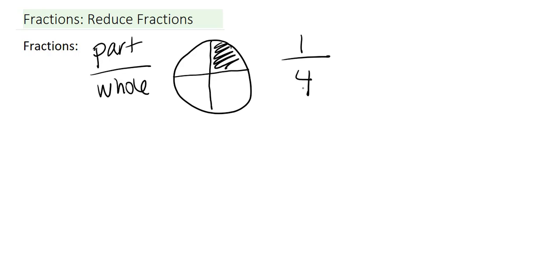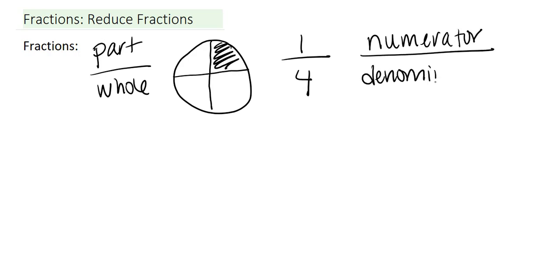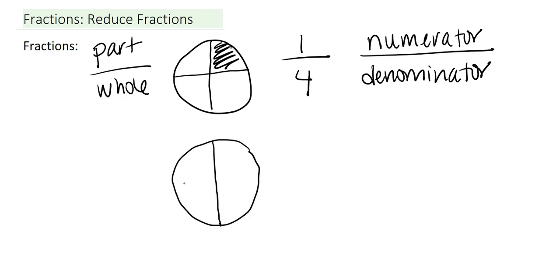Now, in math terms, we would use the top number, and we call that the numerator. And then the bottom number is the denominator. Sometimes we can say there's a pizza, and maybe it's cut into 8s.